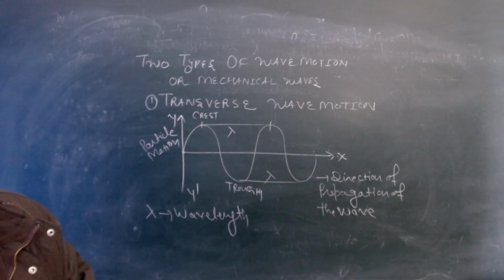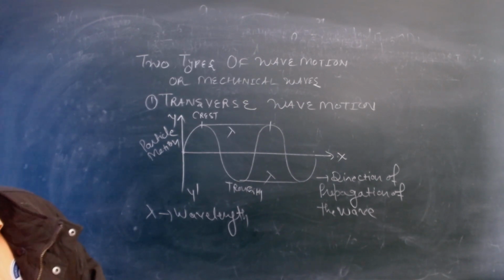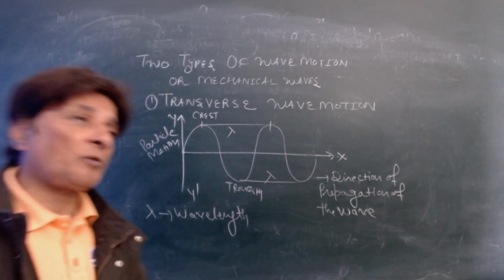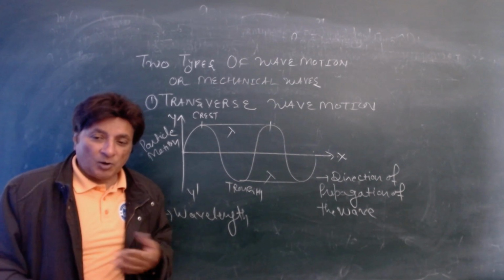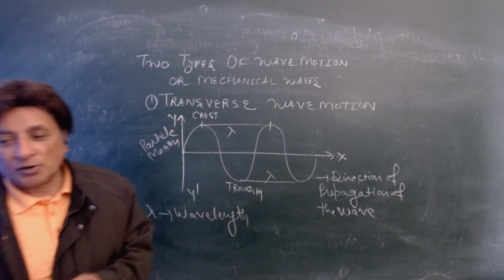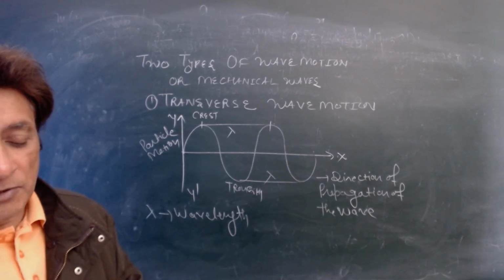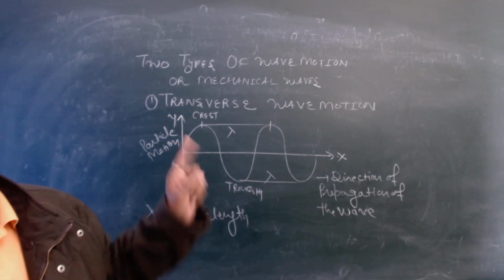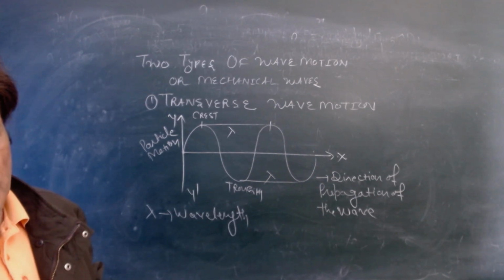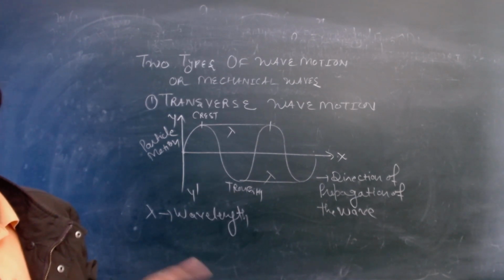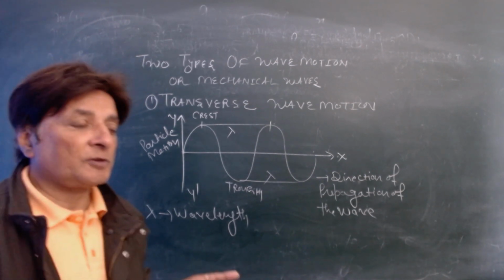You know, all electromagnetic waves are transverse in nature. In an electromagnetic wave, the electric and magnetic fields are mutually perpendicular, and they are all transverse in nature. The distance traveled by the disturbance in the time the particle of the medium completes one vibration is called wavelength.